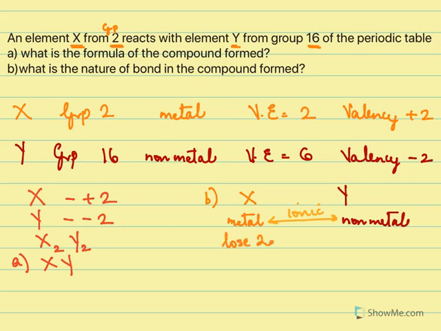X will lose 2 electrons and those 2 electrons that X has lost, Y will gain. So, one will be positive, X will be plus 2 and Y will be minus 2 and the compound that is formed will be XY.